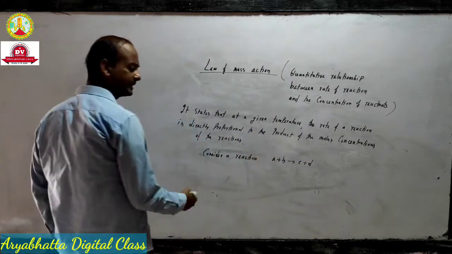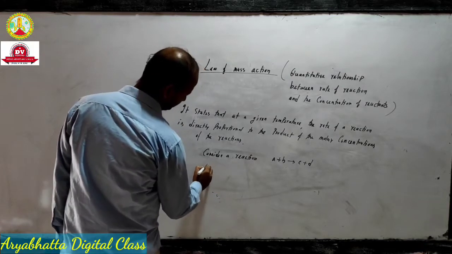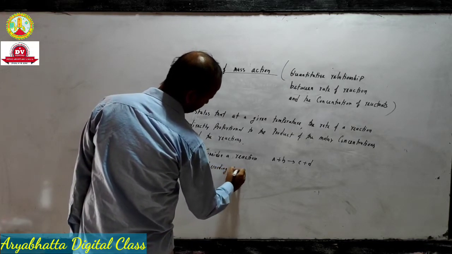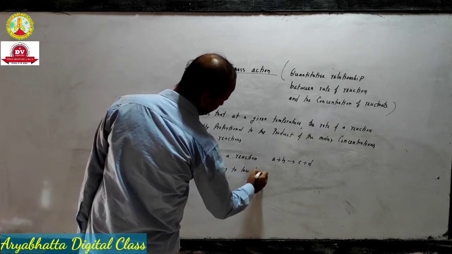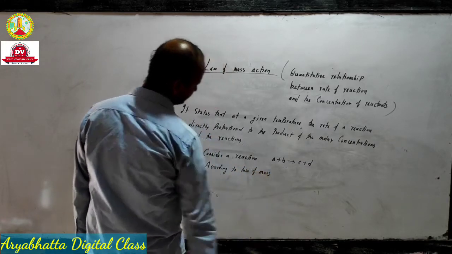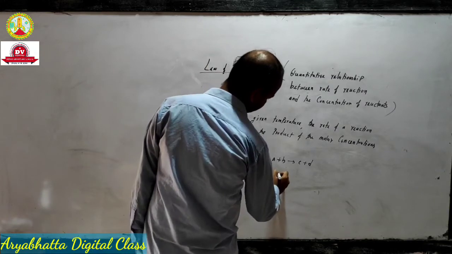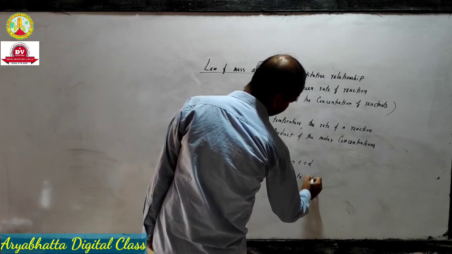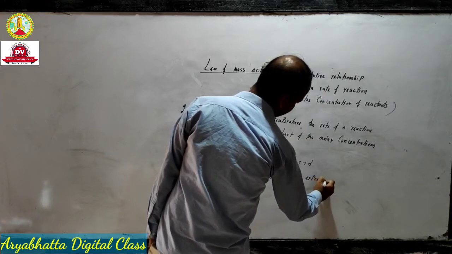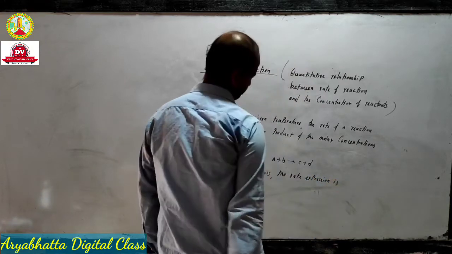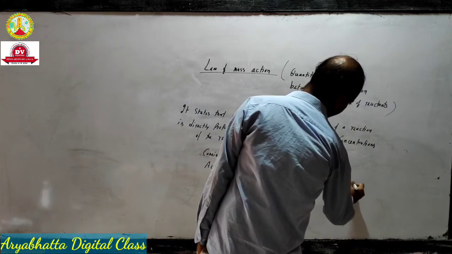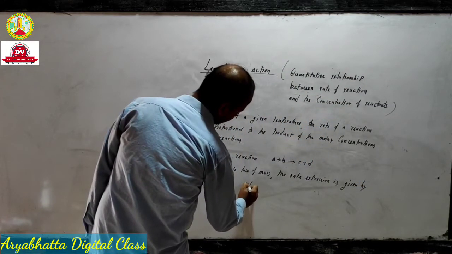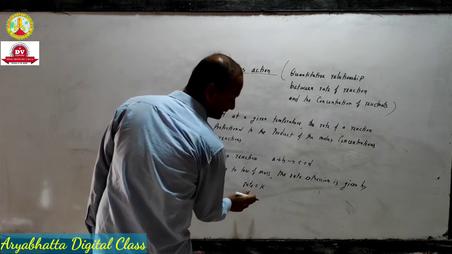Law of mass action इसका रेट कैसे लिखा है सीखा था मैंने, ऐसे सीखा था ना. देखो, according to the law of mass action the rate expression is given by rate equal to k. ये सिखाया था ना last year में.